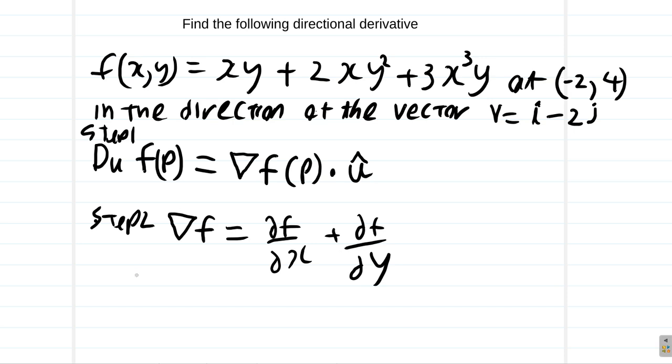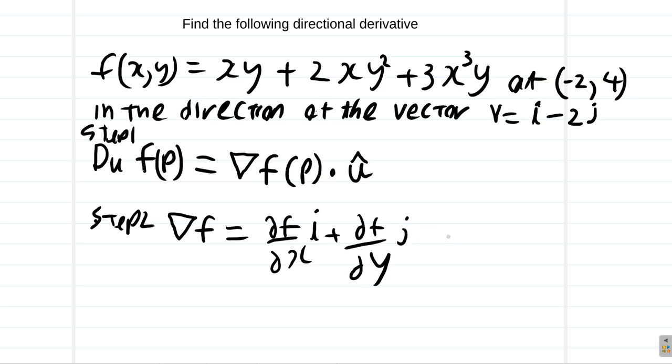Now, that is the gradient of the function. I should say the gradient vector of the function, not just the gradient, because it's going to be a vector. So I should put in i and j.